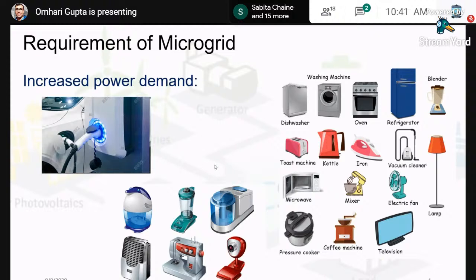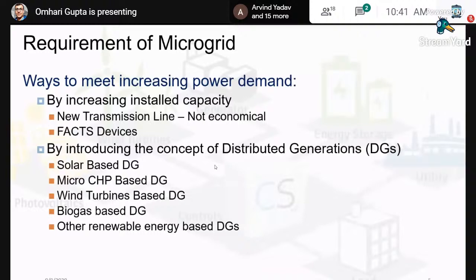There are a lot of modern loads which were not there earlier, say for example air purifier and so on, electric machine like that. Okay, now when you increase the load, you have to fulfill the load demand. Okay, now how to meet this increasing power demand?